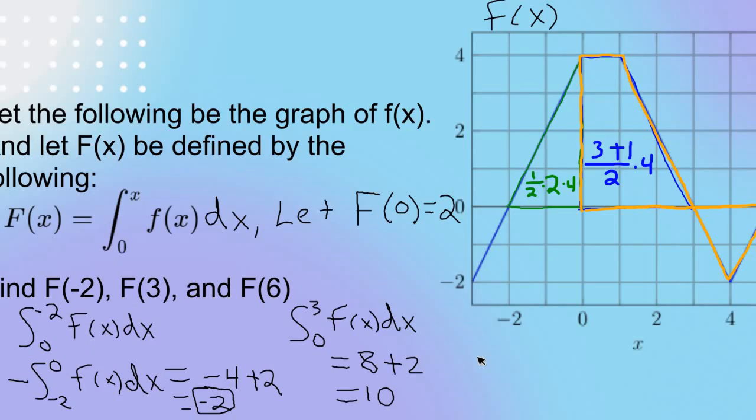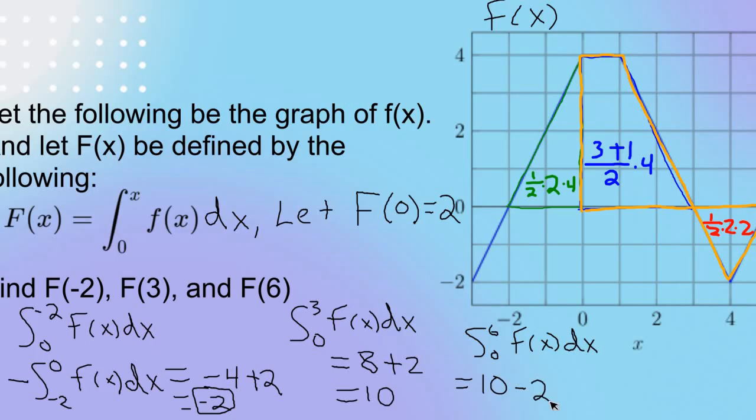So we have the integral from, we're going 0 to 6 this time, of f of x dx. I'm going to go ahead and use my 10, okay? This is a triangle. What type of area is that going to be? Triangle. It's going to be negative. So I have 1/2, what's our base? 2, what's our height? Also 2, so what do we get there? But we're going to do what with that 2? Make it negative.